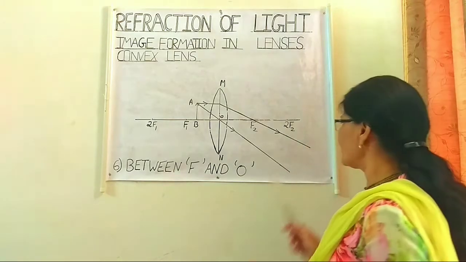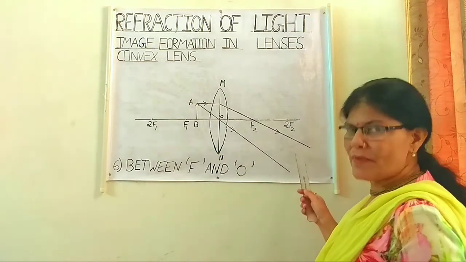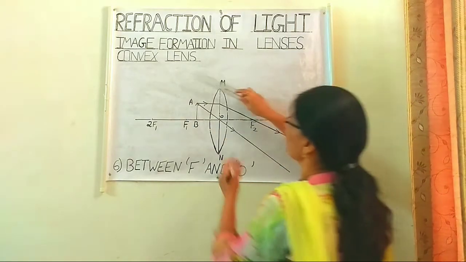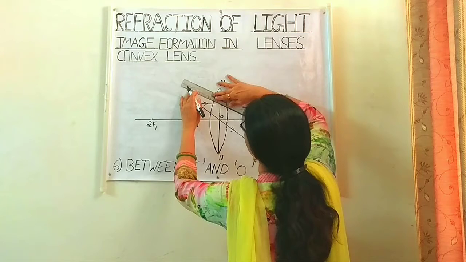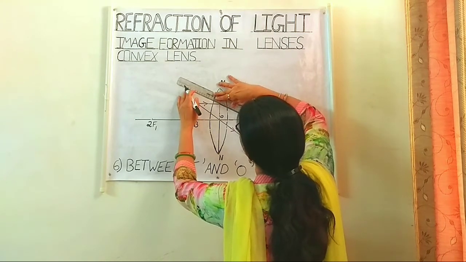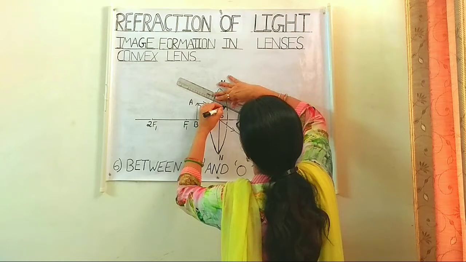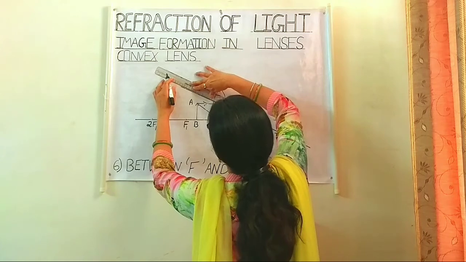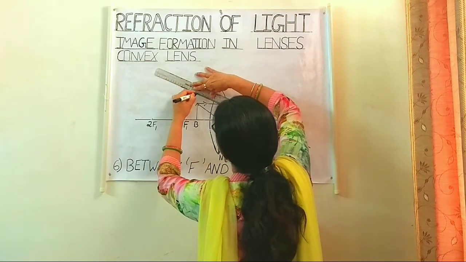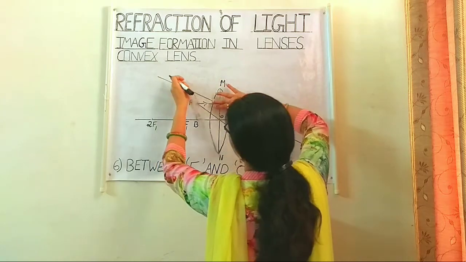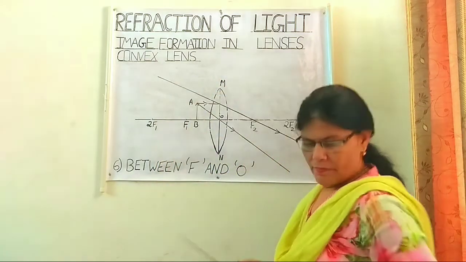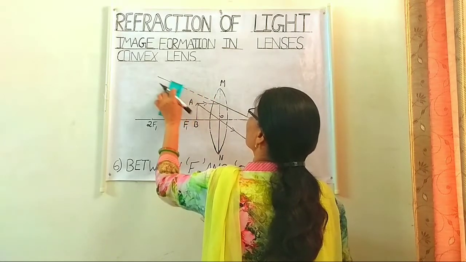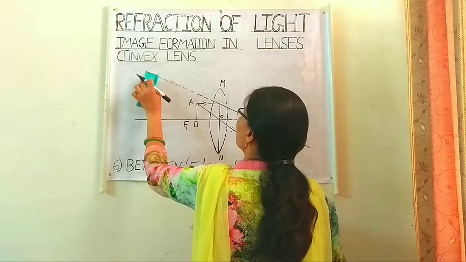So instead of extending these two rays in this direction, let us try in this direction, whether they are meeting in this direction or not. When we extend these two rays in this direction, let us check what happens. We don't have to use a straight line; we have to use a dotted line in this direction.